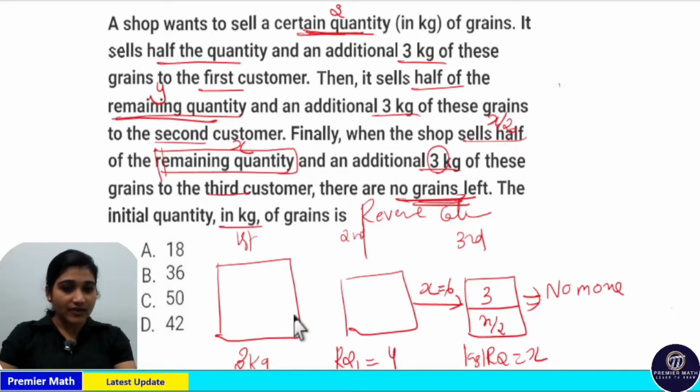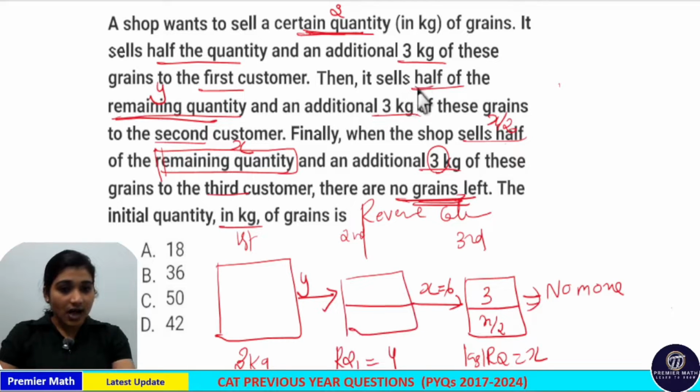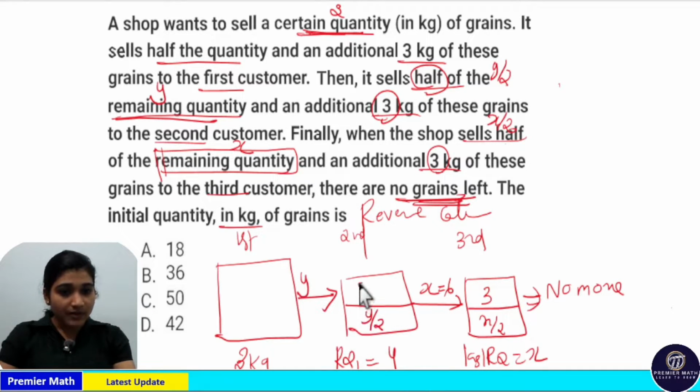That is, after the first transaction, the shopkeeper is left with y kilograms and he transfers part of this y to the second customer as half of y plus an additional 3 kilograms, that is y by 2 plus 3 kilograms, and then he is left with 6 kilograms.